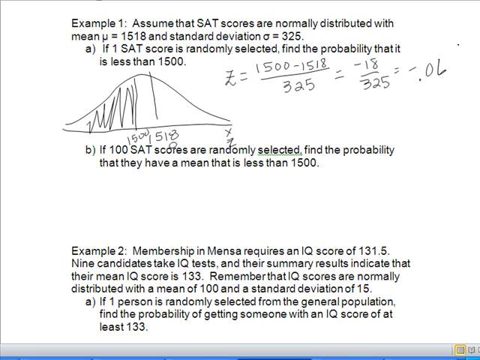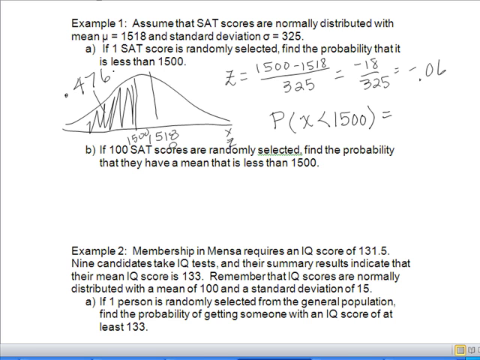Now, let's do it with the 100 SAT scores. So part B, if 100 SAT scores are randomly selected, find the probability that they have a mean that is less than 1500. So notice the change here. We want the probability that the mean, not the individual value, is less than 1500.